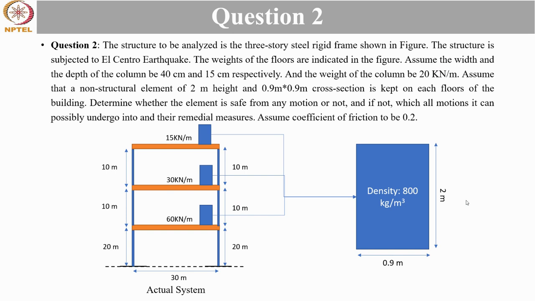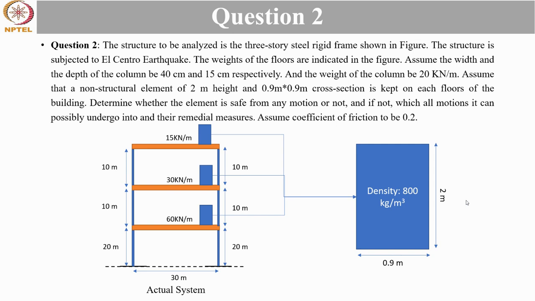Now it's question 2. So what question 2 says: a structure to be analyzed is a three-story rigid steel frame shown in the figure. The structure is subjected to El Centro's earthquake ground motion. The weights of the floors are indicated in the figure, and assume the width and the depth of the columns to be 40 centimeter and 15 centimeter respectively, and the weight of the column to be 20 kilonewton per meter.